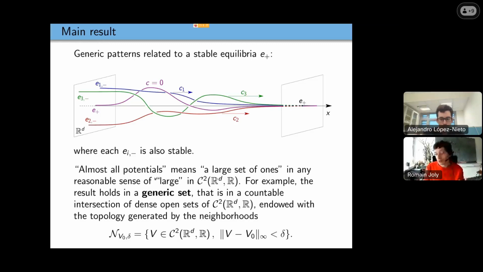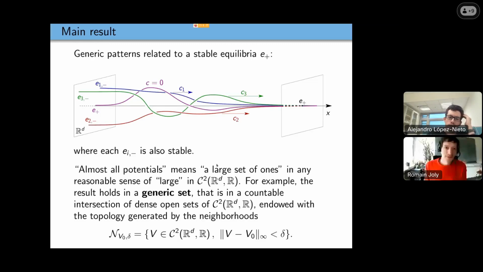If you take a potential randomly, the result will hold, not for all, but for a random one, so for a set of measure one. The difficulty is that it's not clear which measure is the best here, but if you prefer, you can think about it this way.